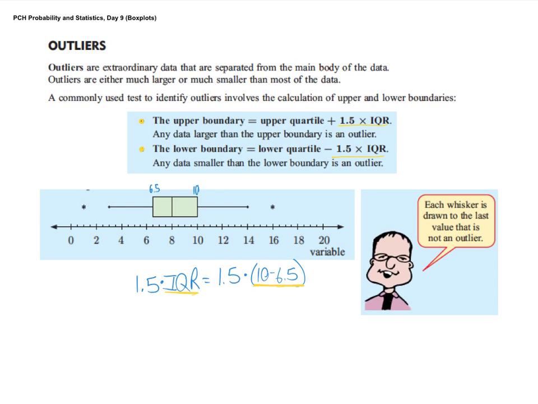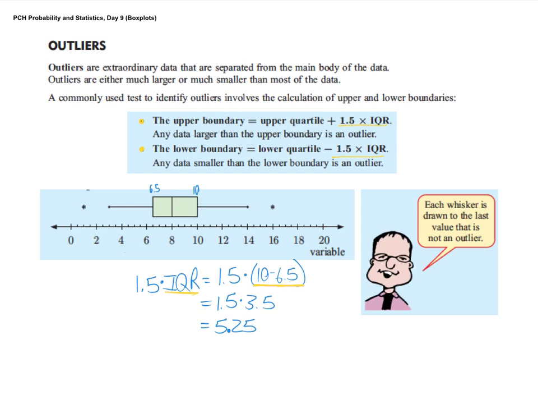So 1.5 times IQR is equal to, in this case, 1.5 times 3.5. That's going to take us up to 5.25. So you always use 1.5? You always will use 1.5. So anything after 1.5 is an outlier? Well, anything beyond 1.5 times the IQR.